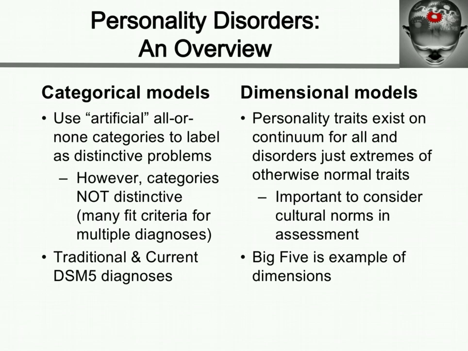The dimensional model also recognizes the importance of considering culture and cultural norms in assessment. What we definitely don't want to do is pathologize someone for being from a different culture. If they're behaving in a culturally appropriate way, then that's culturally appropriate, and we're not going to label that as a disorder just because they're different.